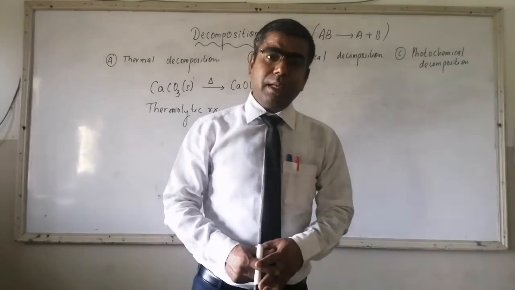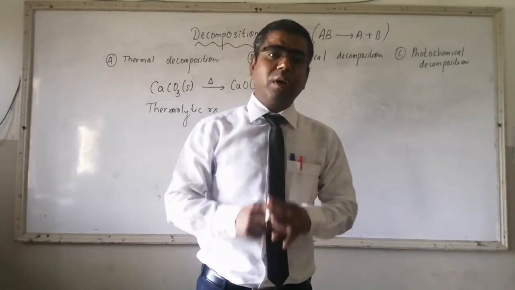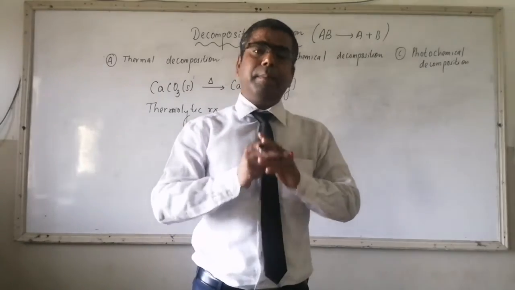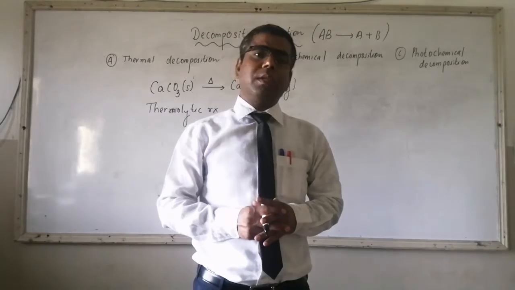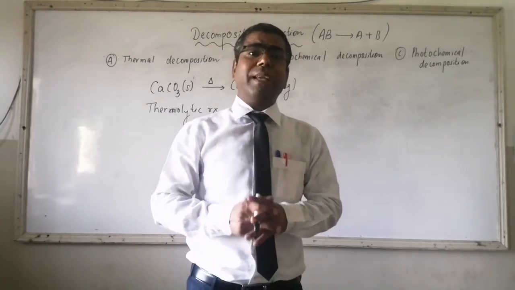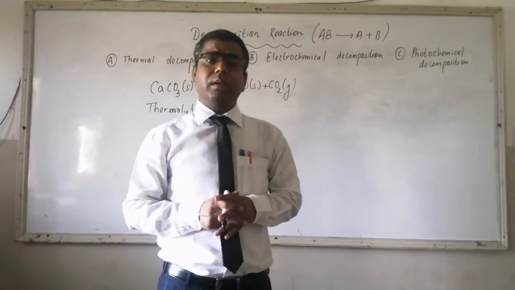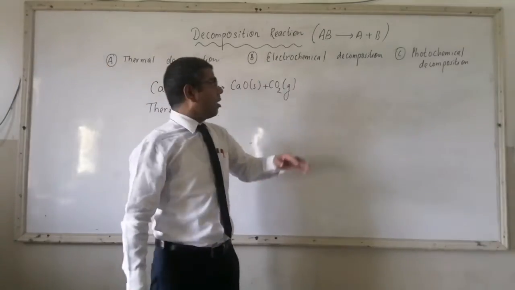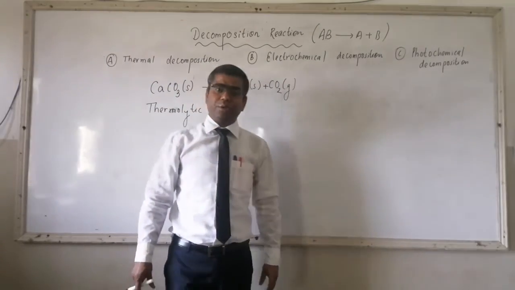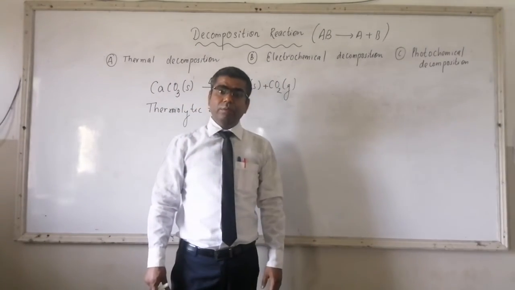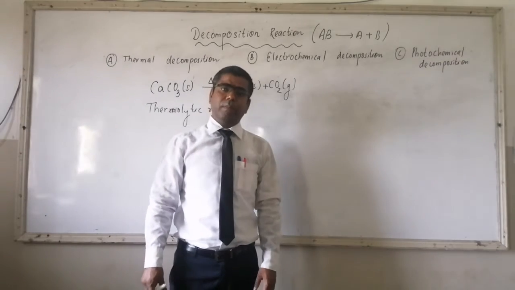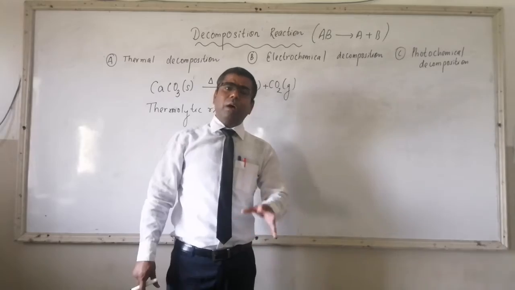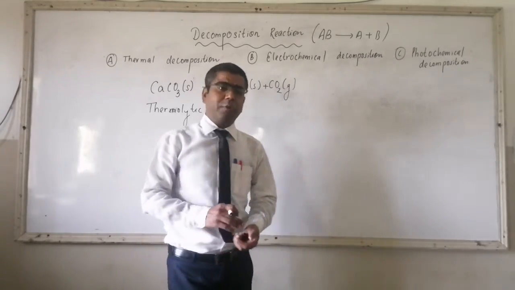Energy is required in the form of current or electricity. So if a substance undergoes decomposition in presence of electricity or electric current, then the reaction is called electrochemical decomposition reaction. For example, electrolysis of water, or breaking down of water in presence of current.